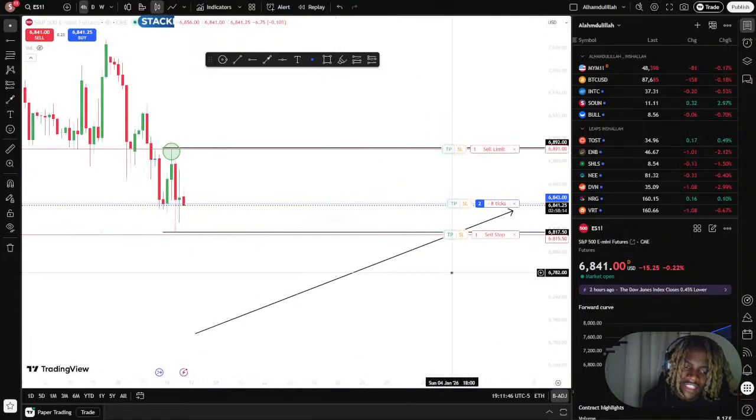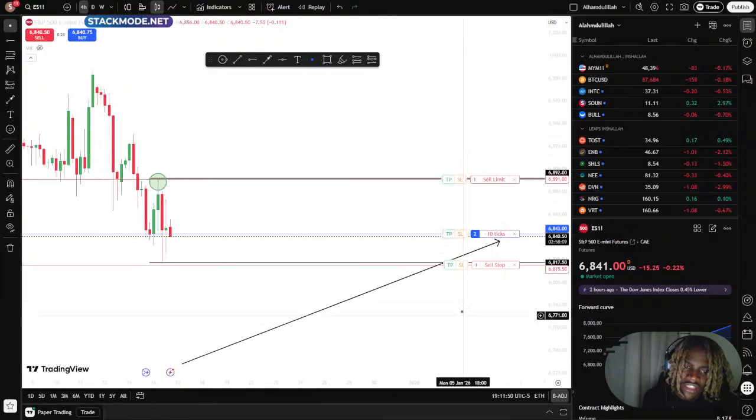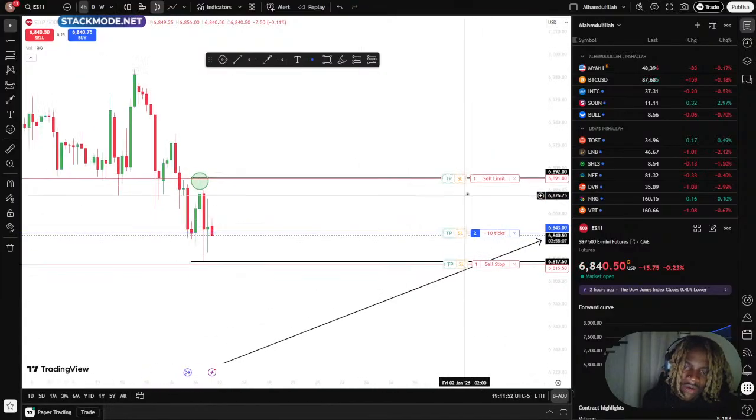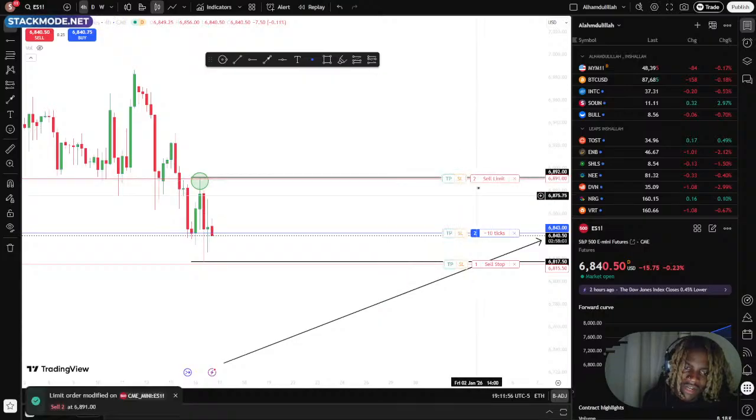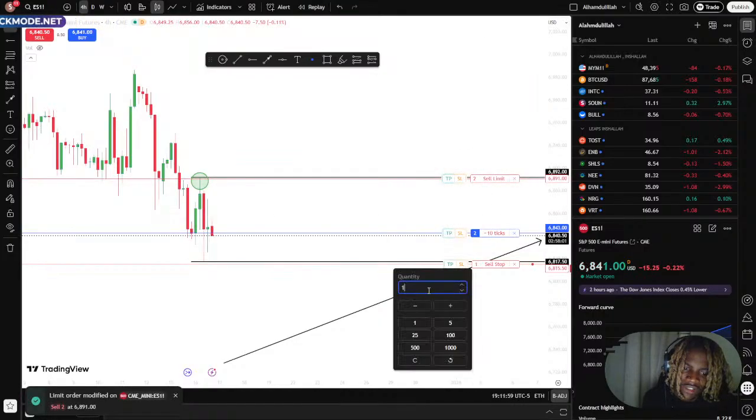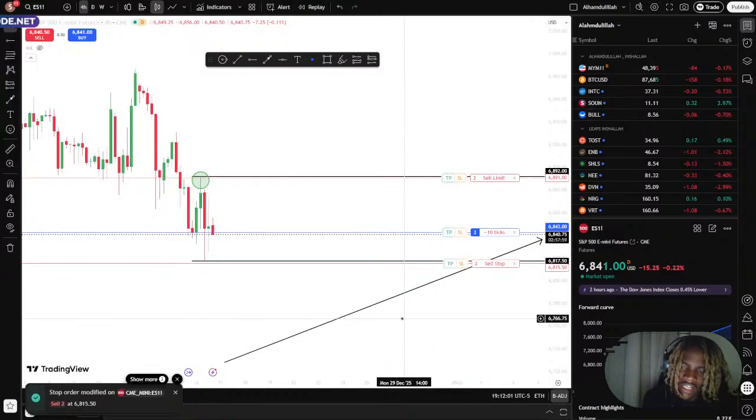Same thing with this. I would still have one contract left. So since I have two contracts here, I want to make sure that my quantity for my sell limit is two contracts, because if price hits either of these lines, I want it to fully close me out of all my contracts.